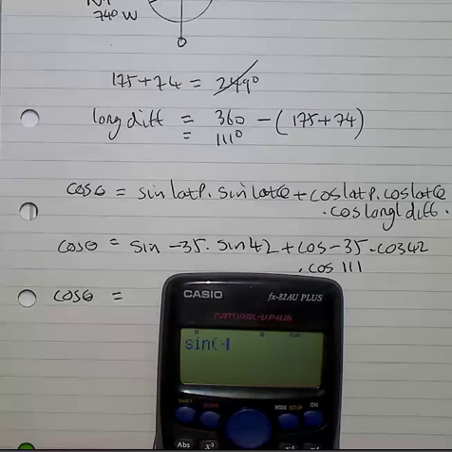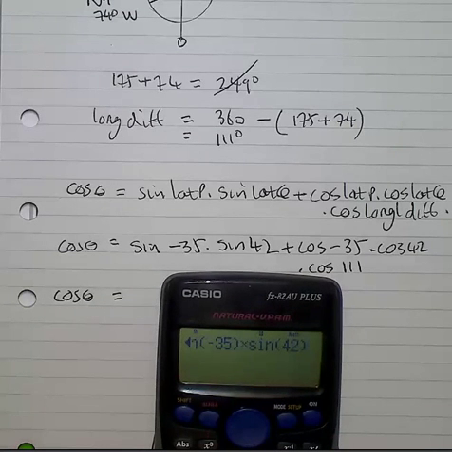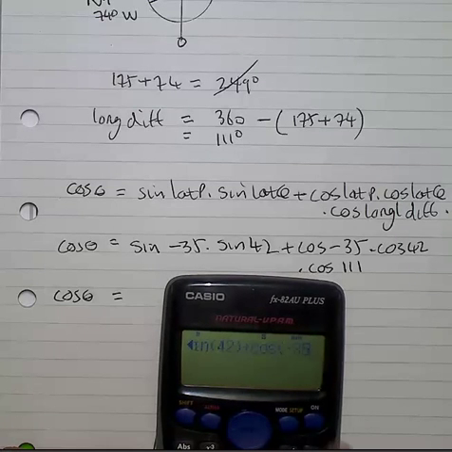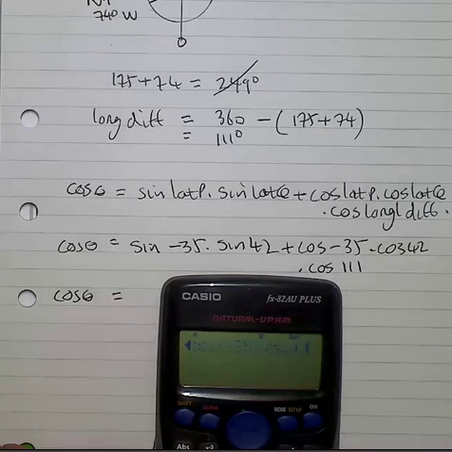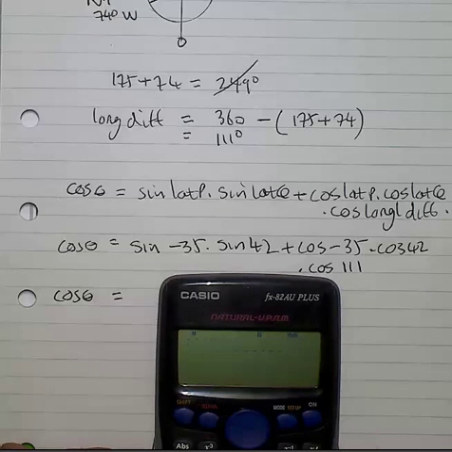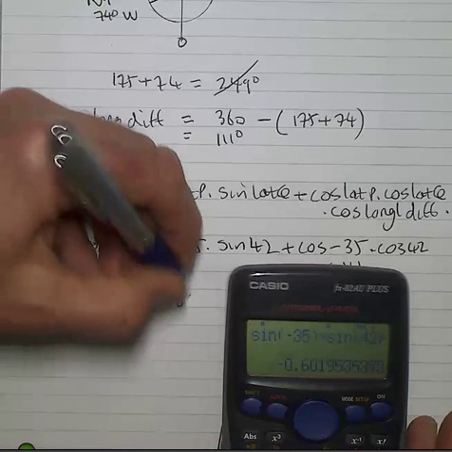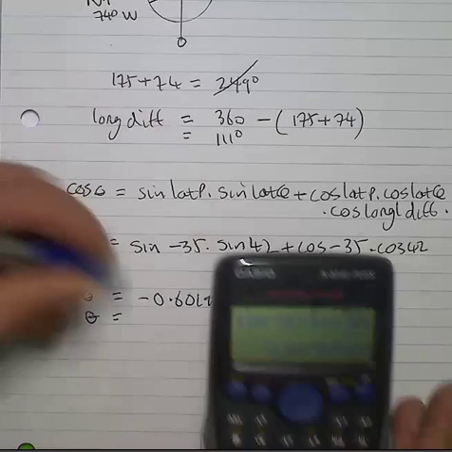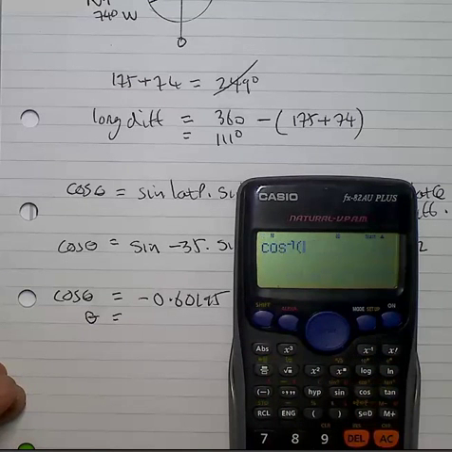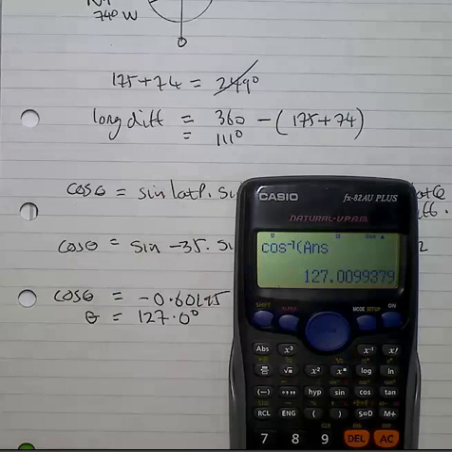So I've got sine negative 35 times sine 42 plus cos negative 35 times cos of 42 times the cos of 111 equals, and I'm going to keep all the decimal places, and cos to the minus 1 to undo that. I end up with 127.0 degrees.